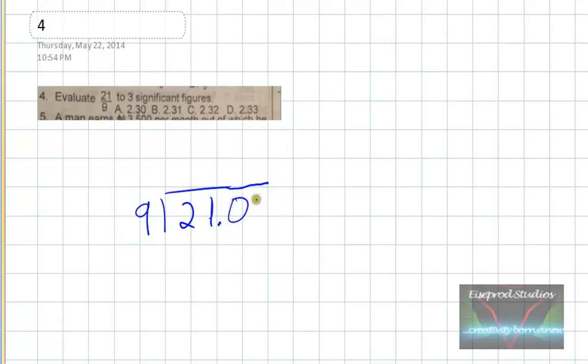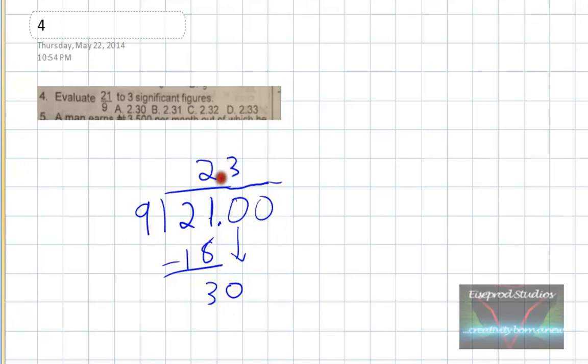We're going to add a few zeros here just in case we need them. So 9 into 21, the closest we can get is 2. So that'll be 18. Then the difference between 21 and 18 is 3. We can bring down the 0.